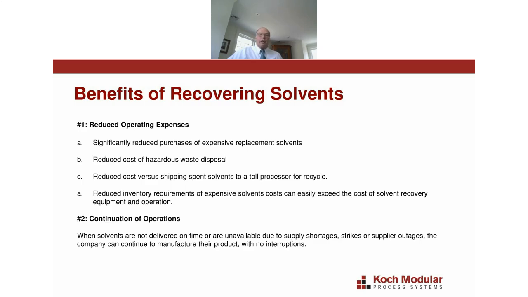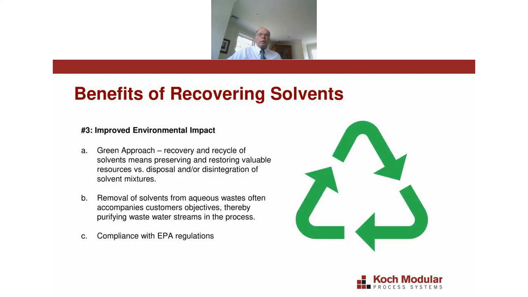And they basically said if they couldn't recover the solvents on site, they would experience fairly severe upsets in their supply chain and outages in the ability to manufacture their active pharmaceutical products.